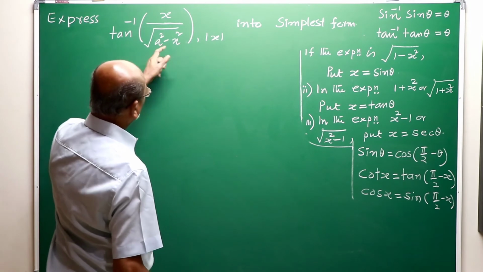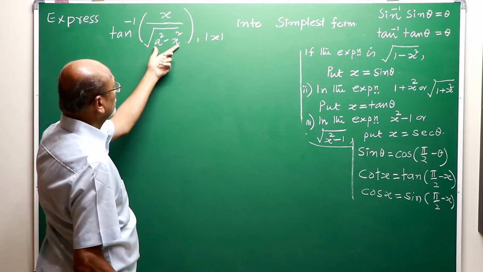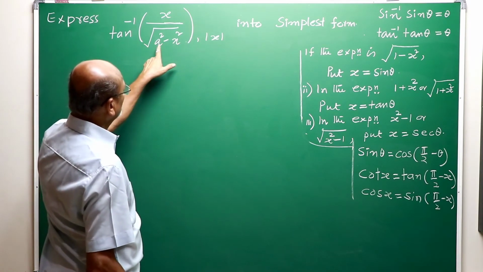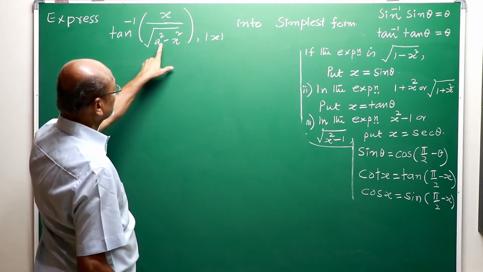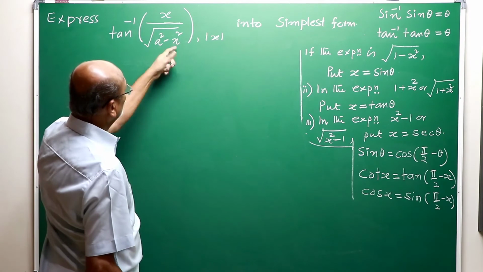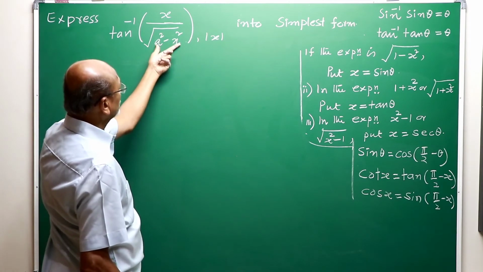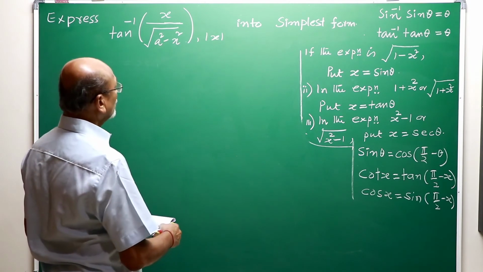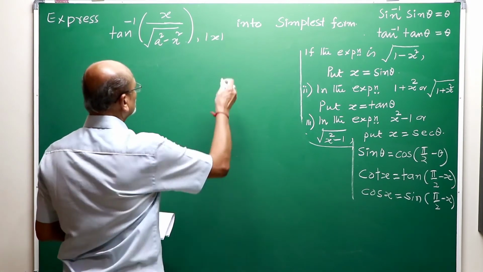When it is real, inside must be positive. So your x must be less than a, strictly. Even if x equals a, a square minus a square becomes 0, and something by 0 is undefined. To avoid it, mod x must be less than a.